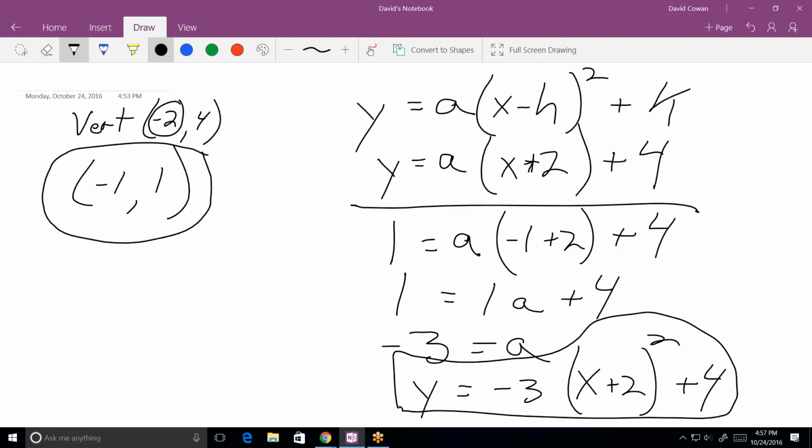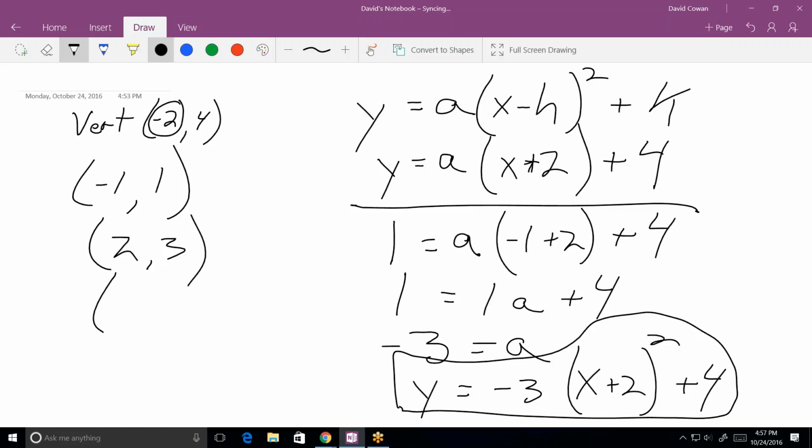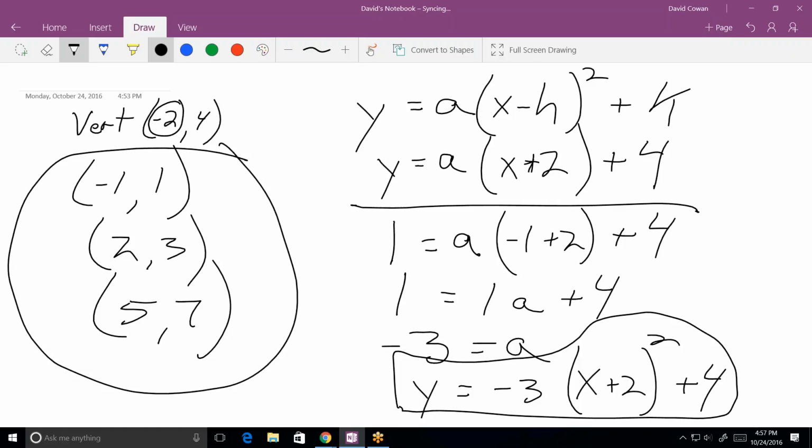Let's just talk about that for a second. We won't do another problem because we're almost out of time here. Say they gave you 3 points. There's 3 points that are on our parabola.